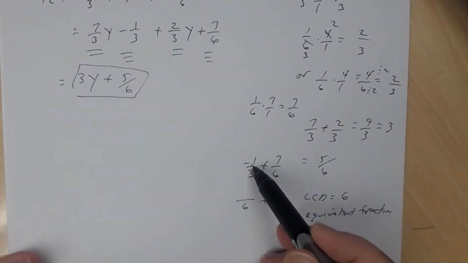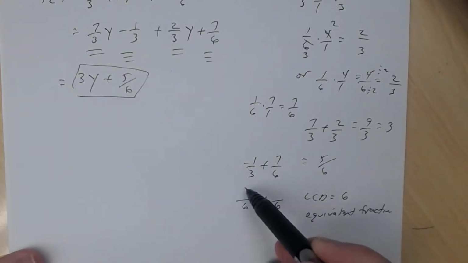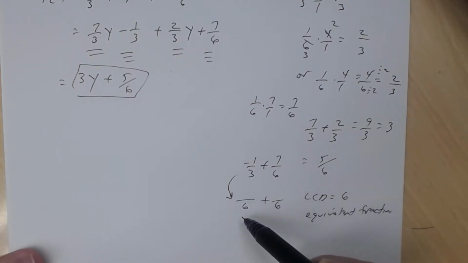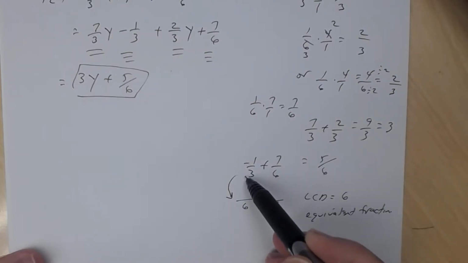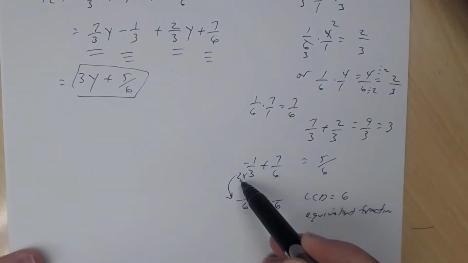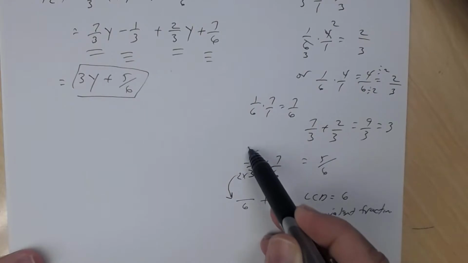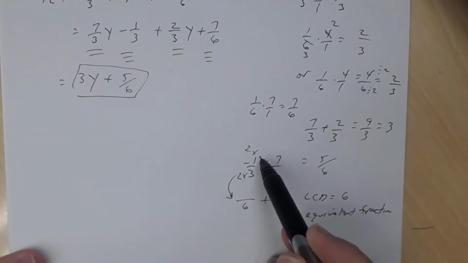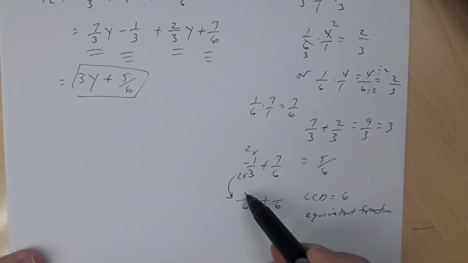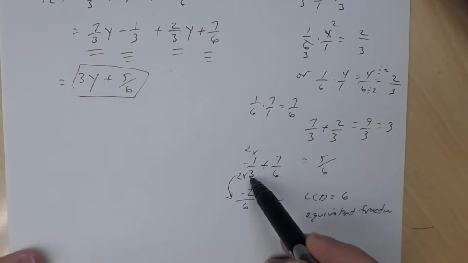And so the idea of equivalent fractions comes into play here. So the question is, negative 1/3 is equivalent to what fraction with a denominator 6? Remember, to get a 6 here, I got to multiply this by 2. But what I do to the denominator, I have to do to the numerator. So 2 times a negative 1 is a negative 2. So negative 1/3 is equivalent to negative 2/6.